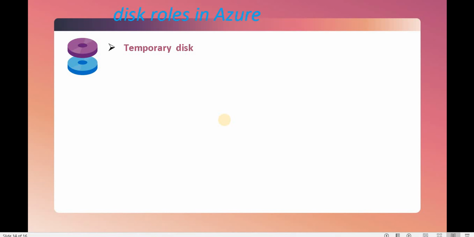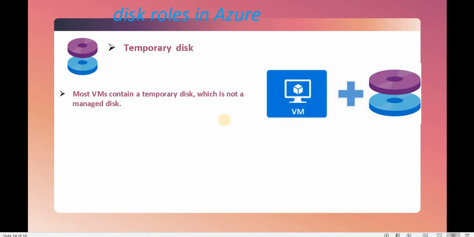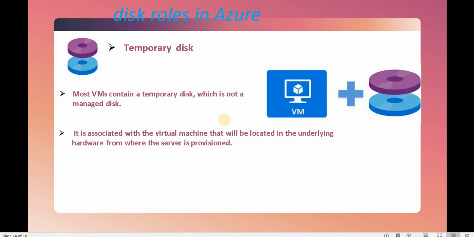Now next is the temporary disk. Most VMs contain a temporary disk, which is not a managed disk, and it is associated with the virtual machine and located on the underlying hardware from where the server is provisioned.